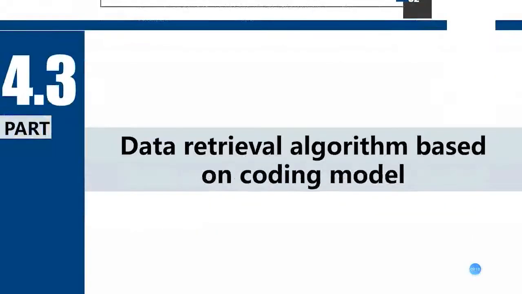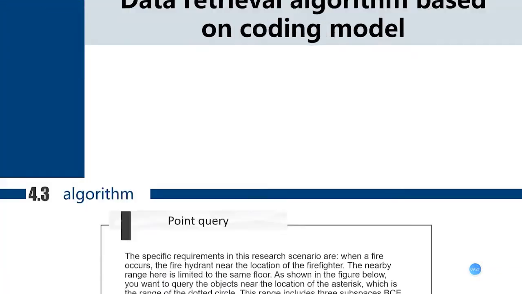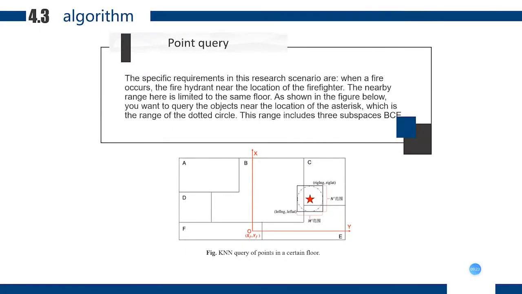Next, I will explain the data retrieval algorithm based on the coding model. Firstly, let's see point query. The specific requirement in this research scenario is that when a fire occurs, find the fire hydrants near the location of the firefighter.